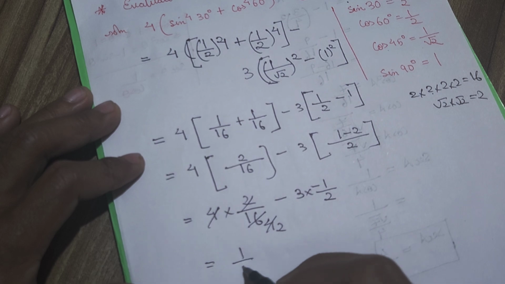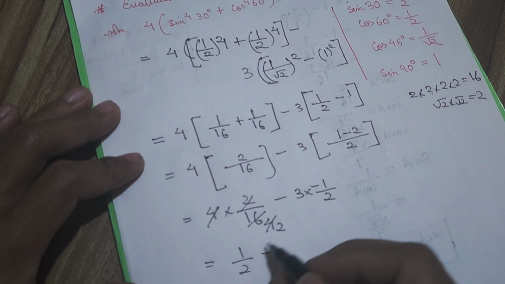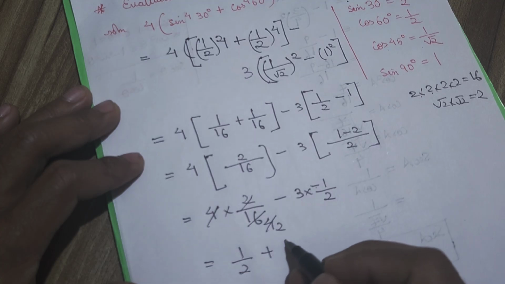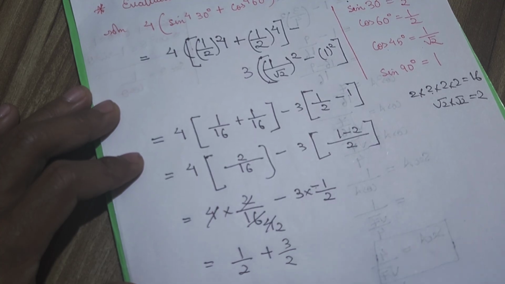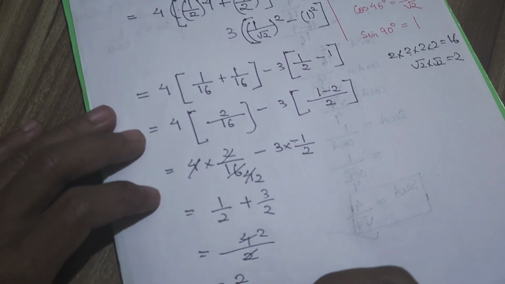So 1 by 2, minus 3 by 2, minus minus becomes plus, so minus 1 plus 3 by 2. Then 4, 2 to the 4, so 2. We got the value 2.